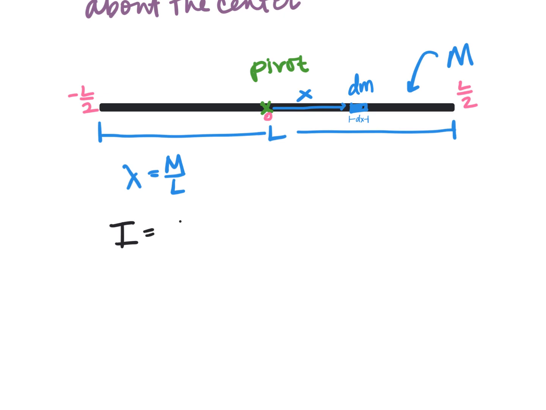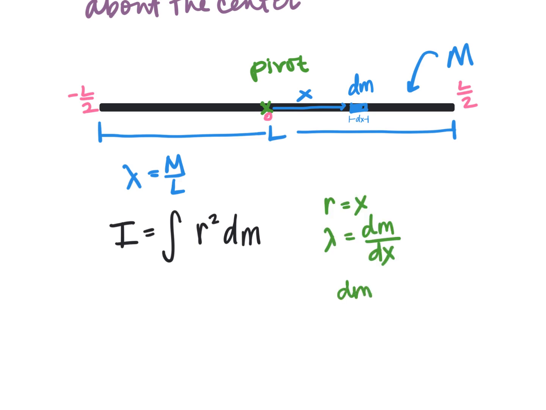So I is equal to the integral of r squared dm. Again, r is equal to x, and lambda is equal to the ratio of dm to dx, which means that dm is equal to lambda dx, just as we did earlier. So now when we substitute in, we'll integrate x squared lambda dx, but our boundaries will be negative L over 2 to L over 2 for our rotational inertia.